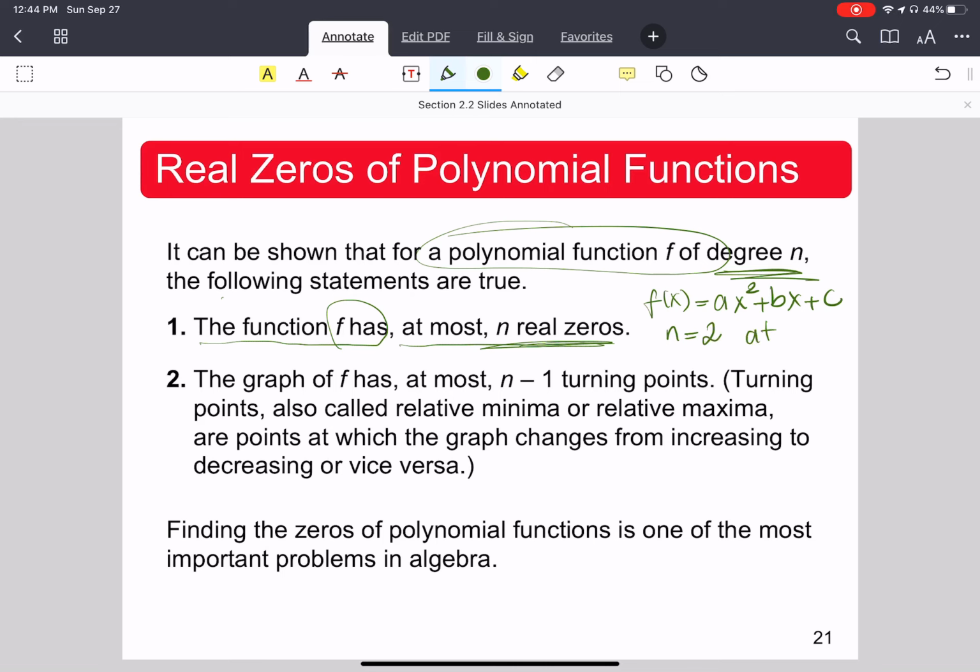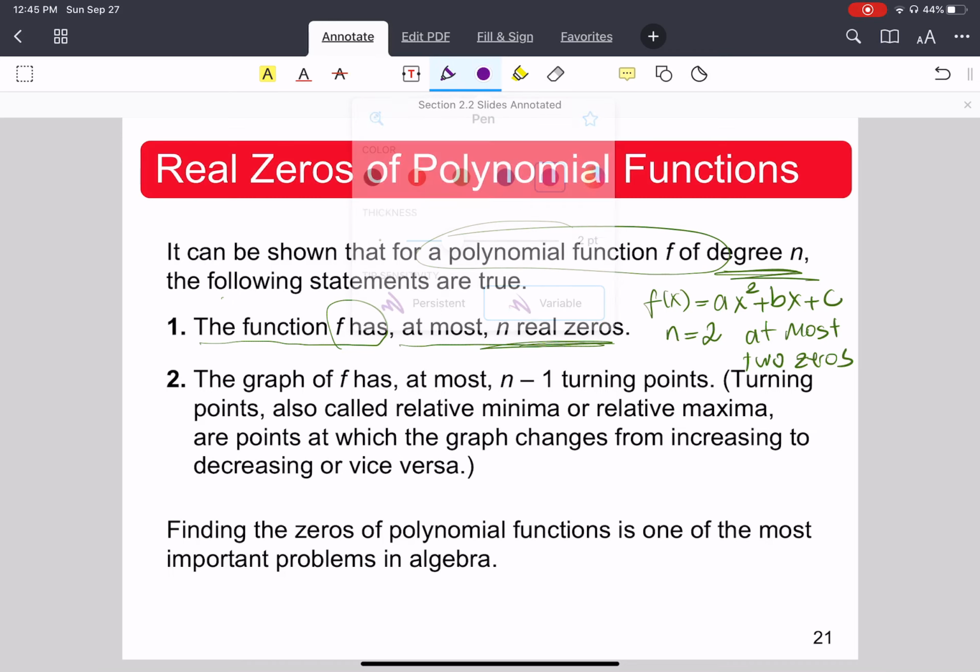This has at most 2 zeros. This is useful information. What that means is that this function might have 1 zero, it may not have a zero, and it may have 2 zeros. Depending on the quadratic function, you have different interpretations.